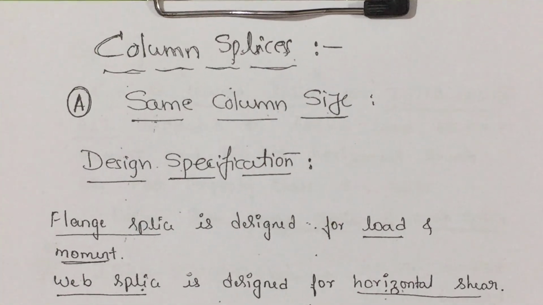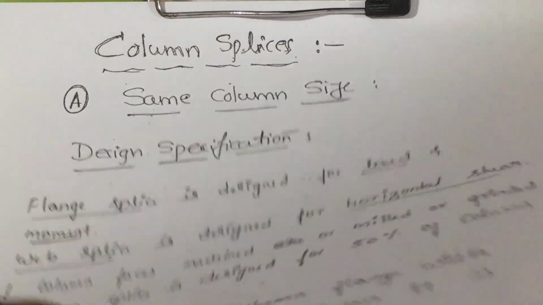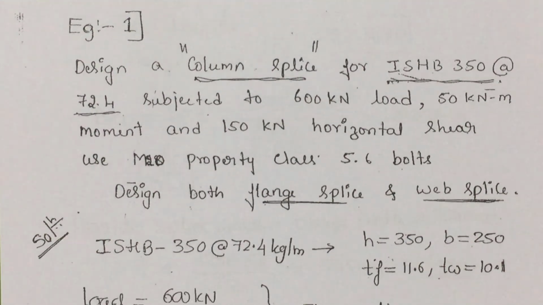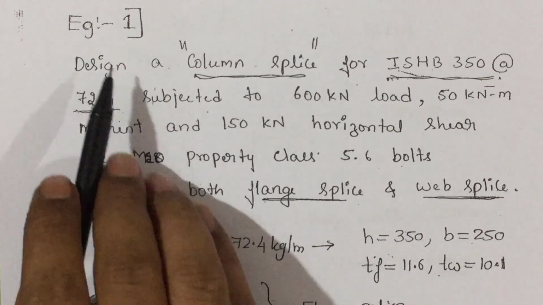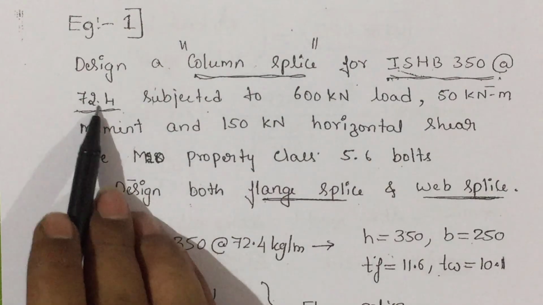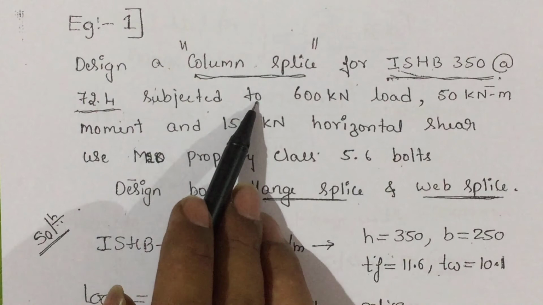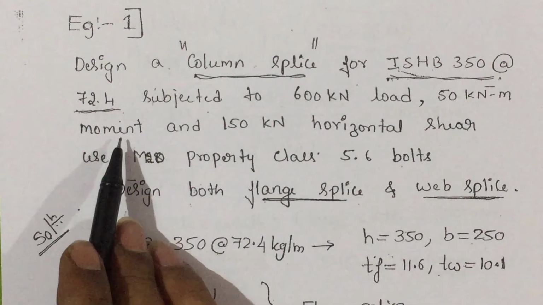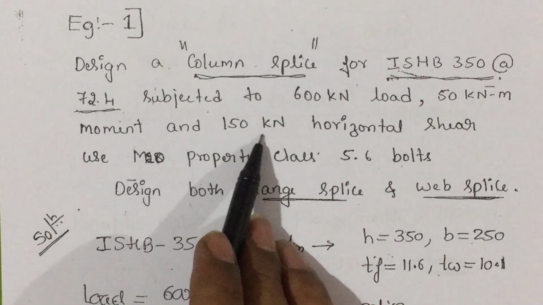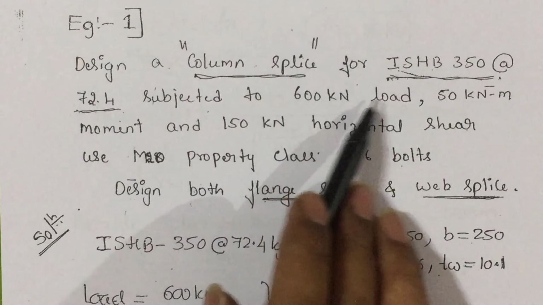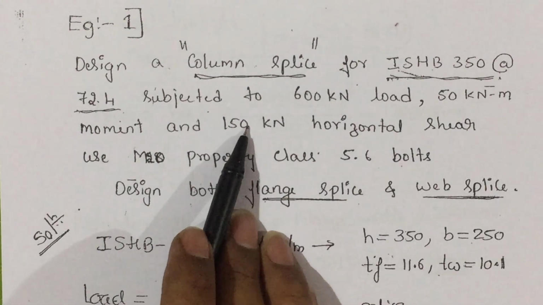Let us look into the problem, then you are going to understand it neatly. Now, example 1: design a column splice for ISHP 350 at 72.4 subjected to 600 kilonewton load, 50 kilonewton meter moment and 150 kilonewton horizontal shear.